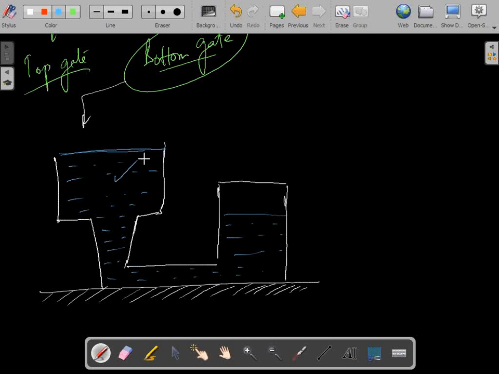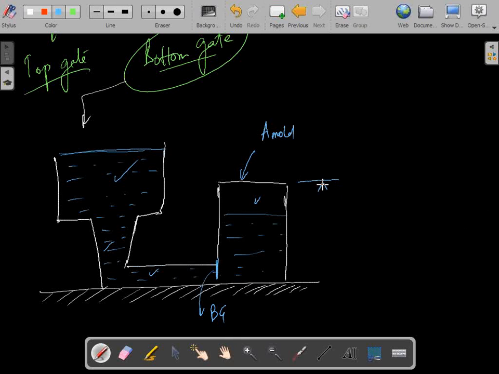So this is your pouring basin, this is your sprue, this is your runner, and this is your bottom gate. This is your mold. If you look at this, this will be the area of the mold.